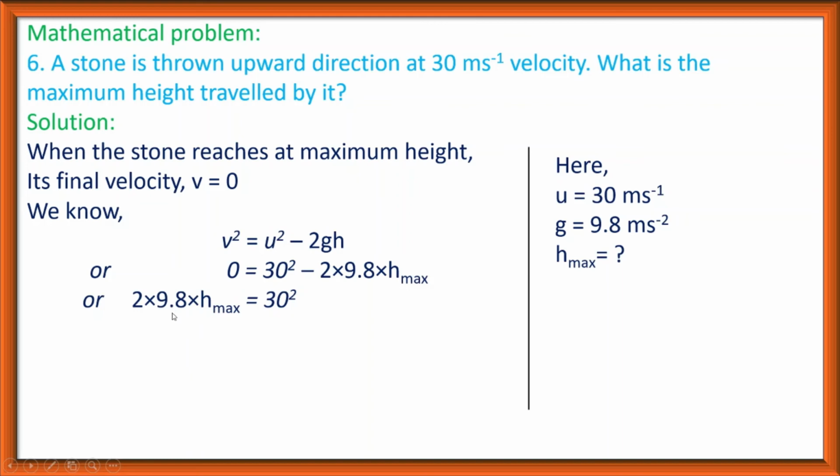Or 2 into 9.8 into h max is equal to 30 square. Or h max, that is maximum height, is equal to 30 square divided by 2 into 9.8. And after calculation, h max is equal to 45.92 meter. That means maximum height reached by this stone is 45.92 meter.